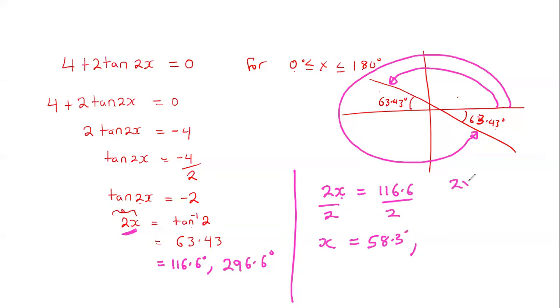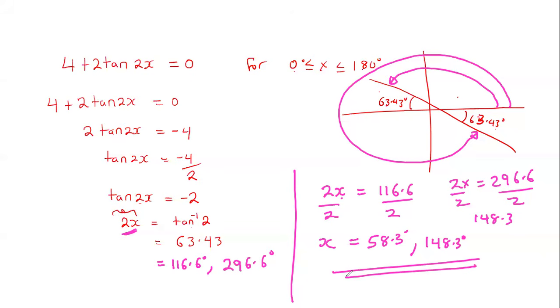Then the second one is 2x equals 296.6. Divide by 2. So you say 296.6 divided by 2. So you end up with 148.3 degrees. Now these are your two values. Hope you have understood.